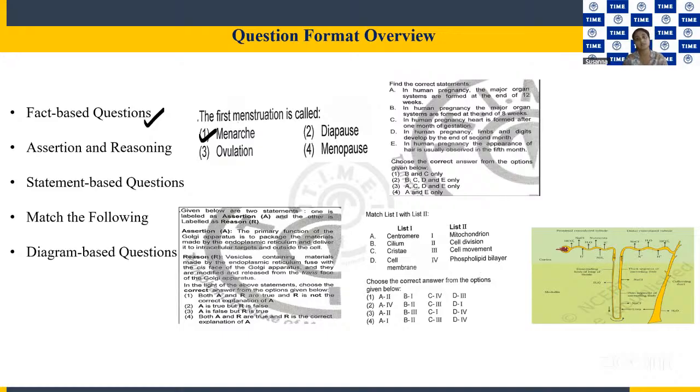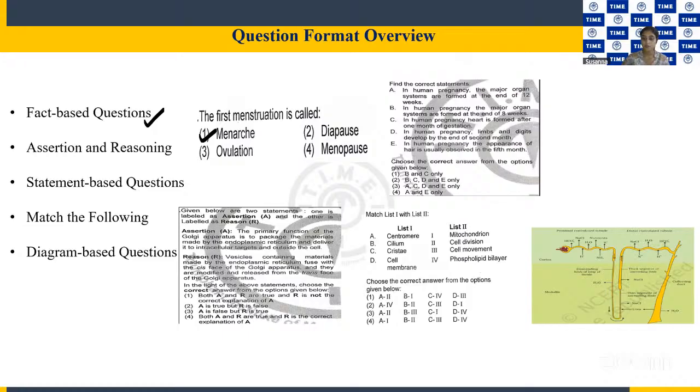We have had questions like that in our NEET exams, so you can expect that kind of question when I say diagram based questions. It will not be a direct diagram. You have to completely understand the diagram. They can give you any part of the diagram, they can take any one of the labelings and ask you what it is. So that's it, right?